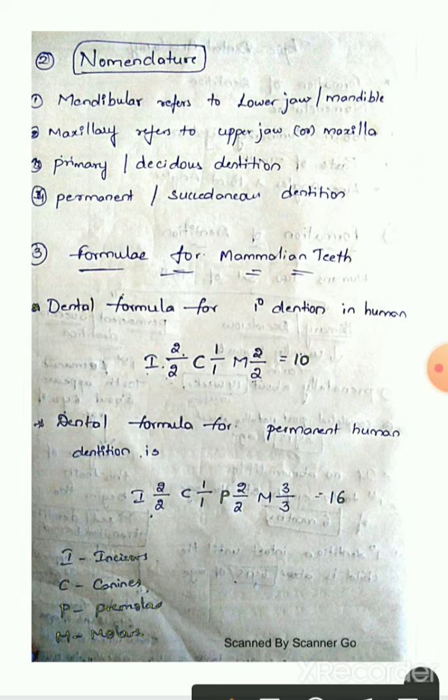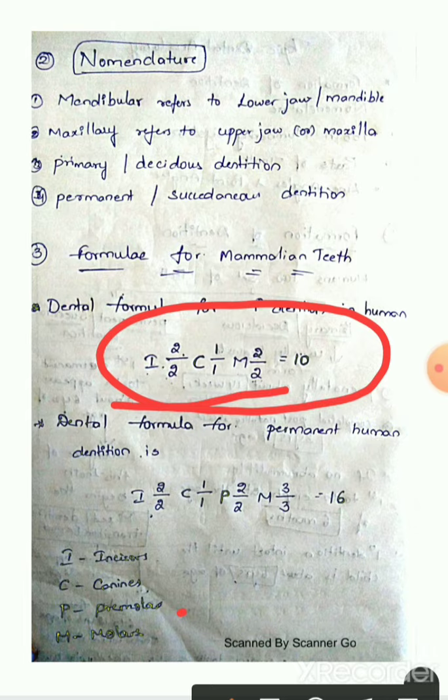Here I represents incisors, C represents canines, P represents premolars, and M represents molars. Premolars are usually absent in deciduous dentition. After the deciduous dentition, in permanent dentition, premolars are present. So in the formula of primary dentition, we can't appreciate P because premolars are absent.